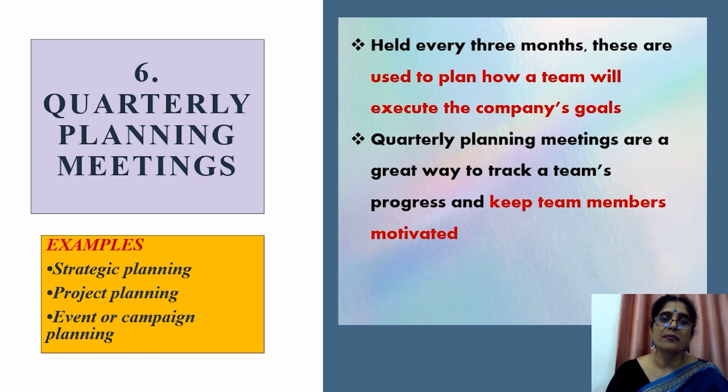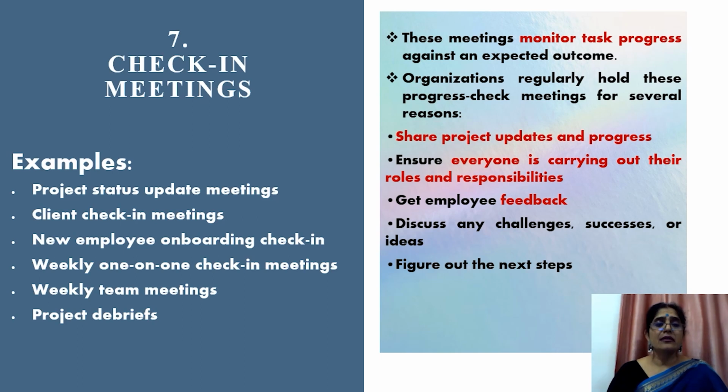The last type of meeting is check-in meetings. These meetings are to monitor the tasks of everyone, the individual ones, how they have contributed, how much share they have done for the progress of the company, and that everyone is carrying out the roles and responsibilities that are given to them.